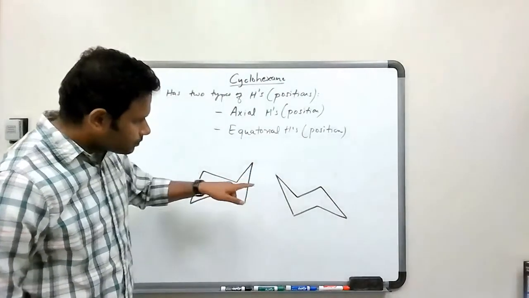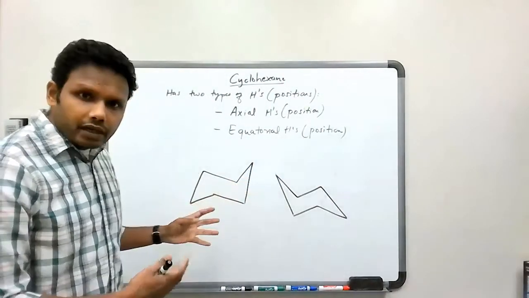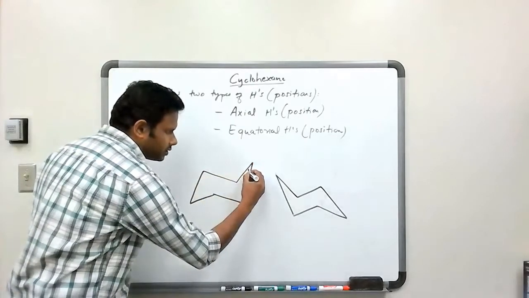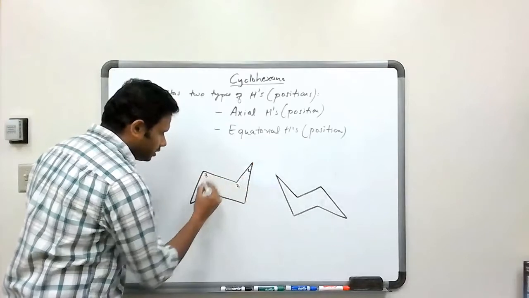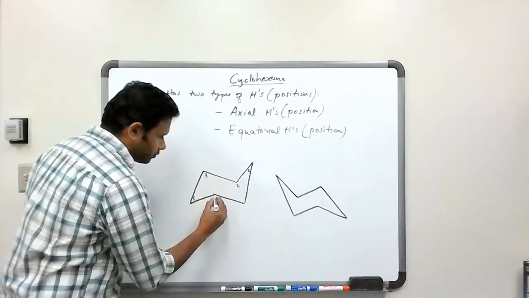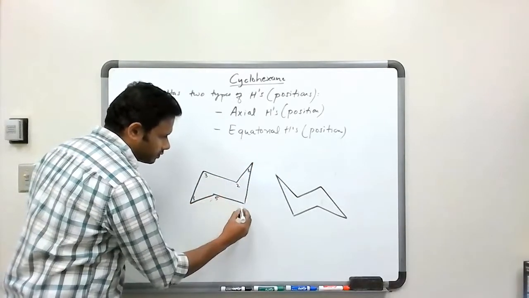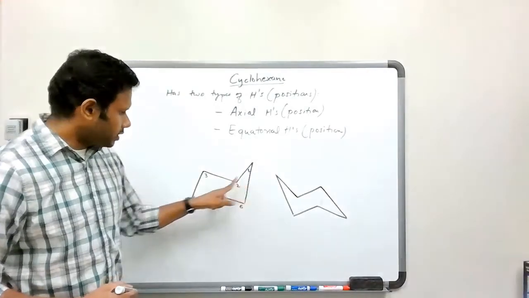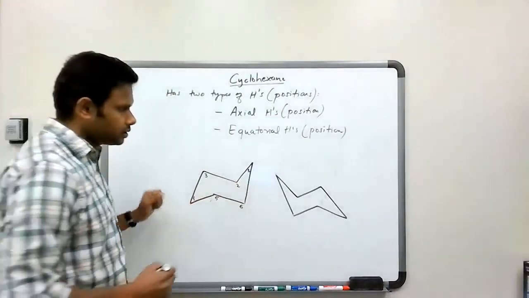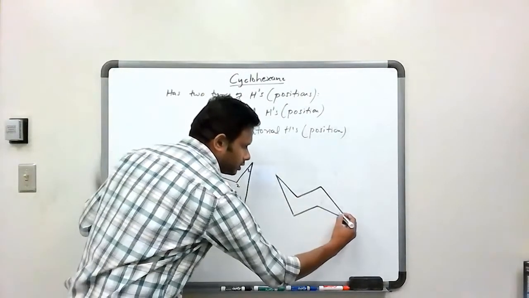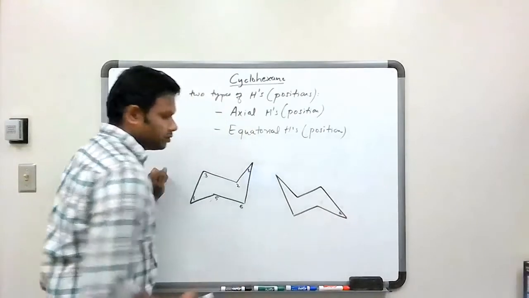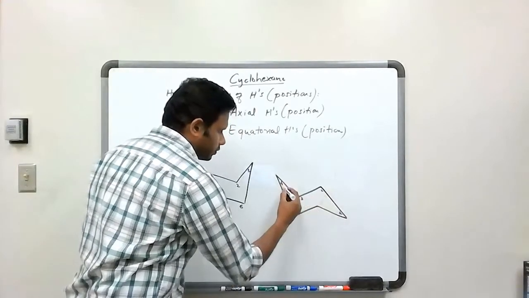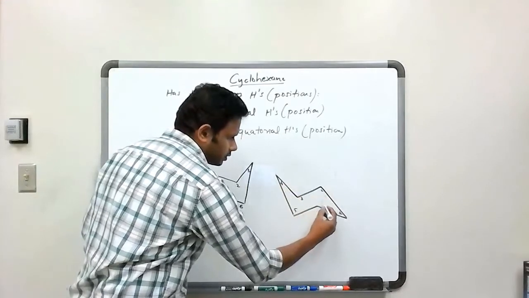So notice the way I read this: if I had to number these carbons, say 1, 2, 3, 4, 5, and 6, carbon number 1 was the headrest and carbon number 4 was the footrest. Now in this conformation, carbon number 1 is the footrest, 2, 3, 4, 5, and then we have 6.